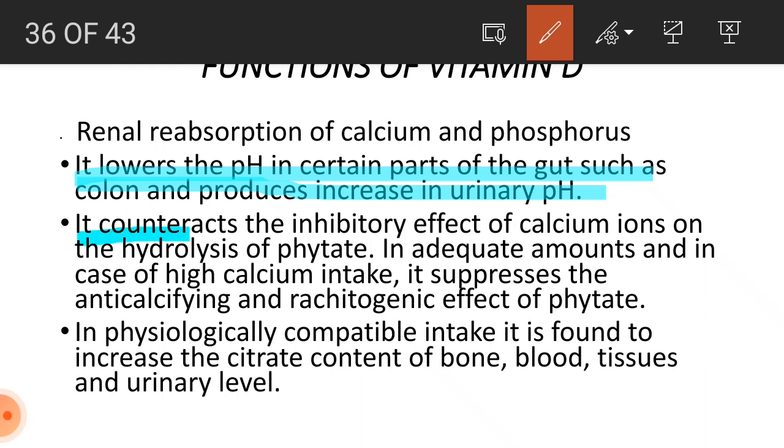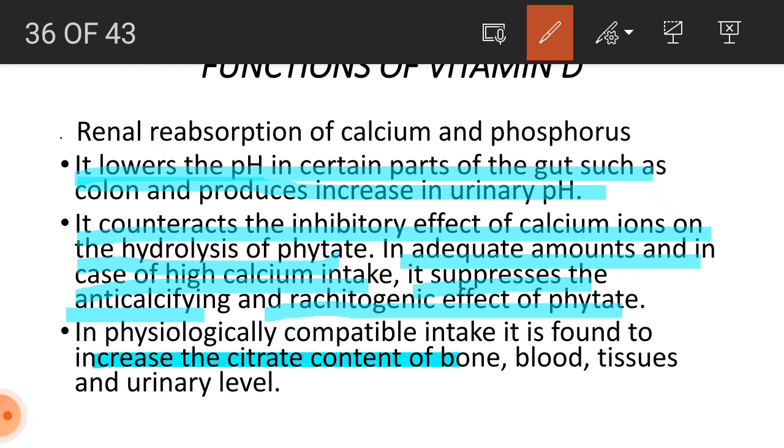It counteracts the inhibitory effect of calcium ions on the hydrolysis of phytate in adequate amounts, and in case of high calcium intake, it suppresses the anti-calcifying and rachitogenic effect of phytate. In physiologically compatible intake, it is found to increase the citrate content of the bone, blood, tissues, and the urinary level.